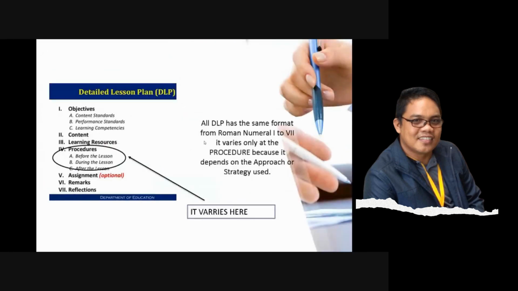So sa 4, the procedure. Okay, now all DLP has the same format, from Roman numeral 1 to actually 7, from the DLP issued by the DepEd order. Pero sa gagawin natin is hanggang Roman numeral 8 po ito, because mayroong evaluation.